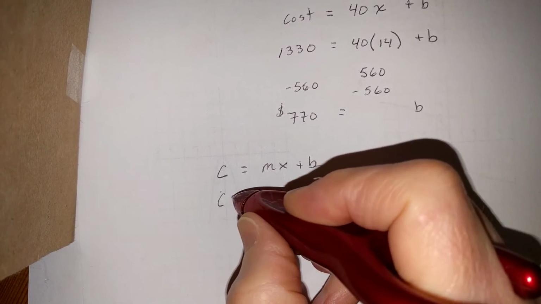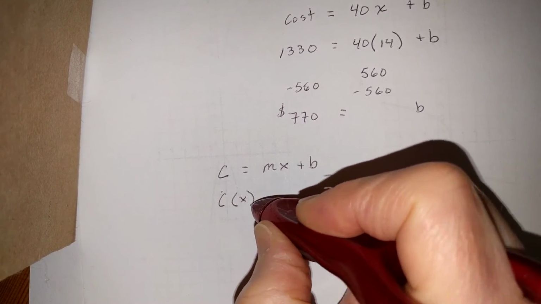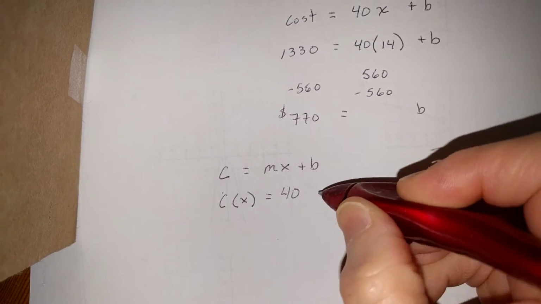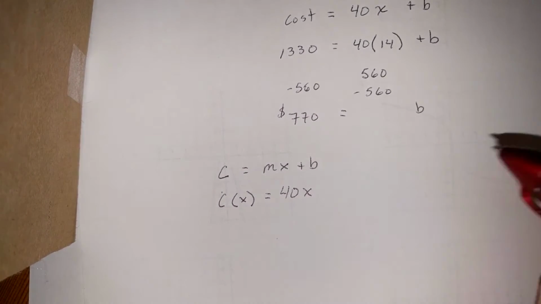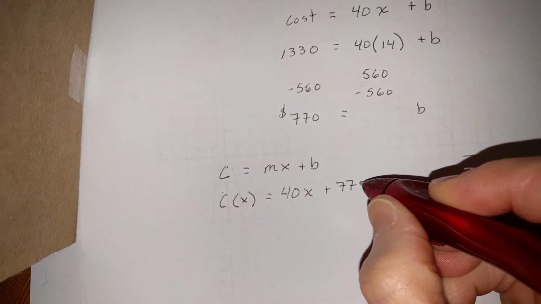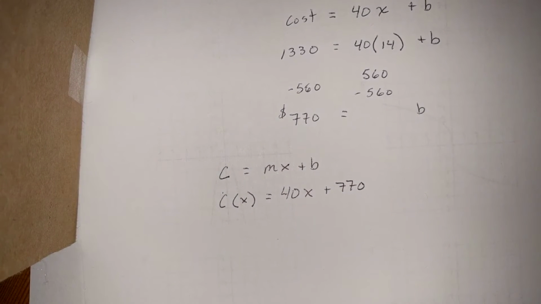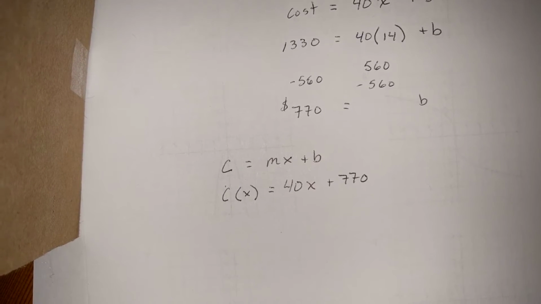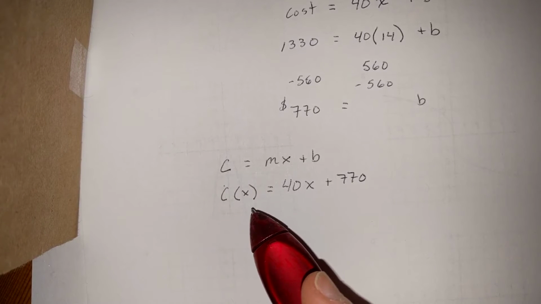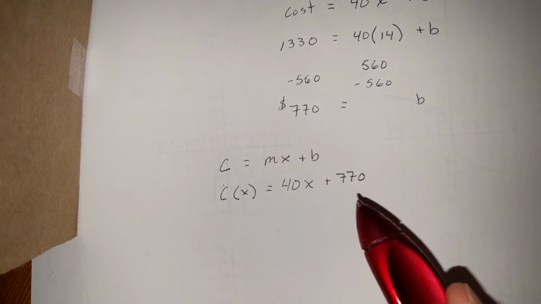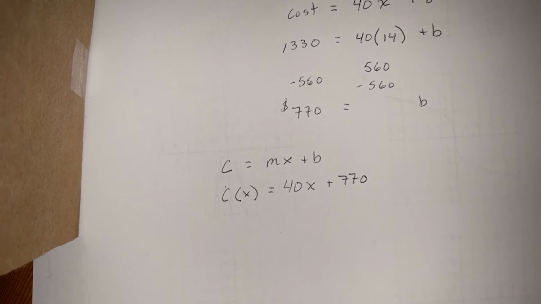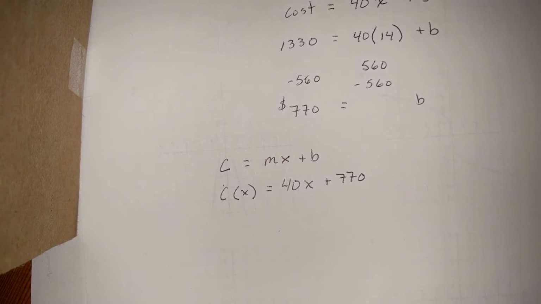It is a function of x. m is my cost per lamp, or 40. x is my number of lamps, plus my startup cost, 770. So here it is in function notation. Cost as a function of x equals 40 times x plus 770. And of course this is in dollars.